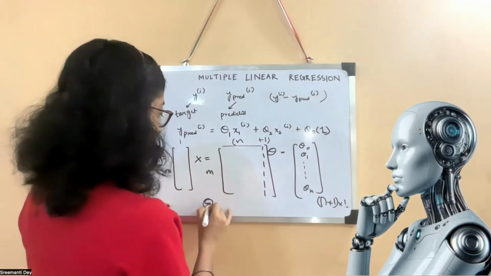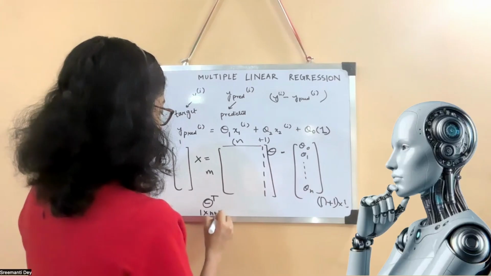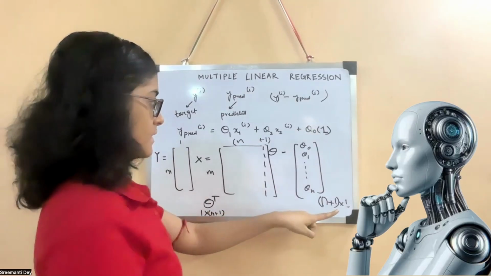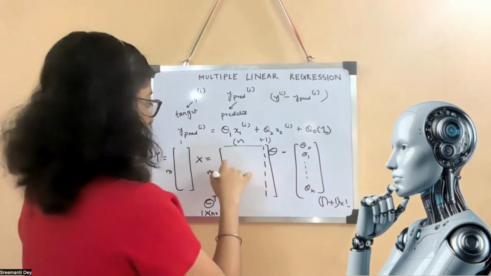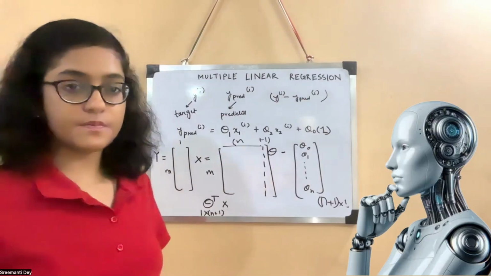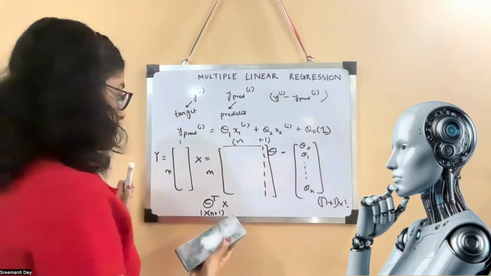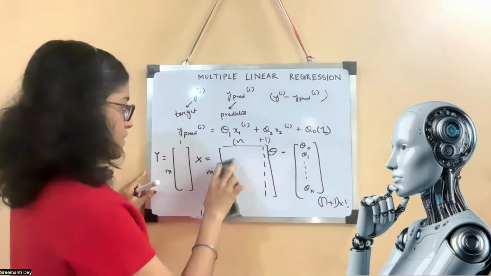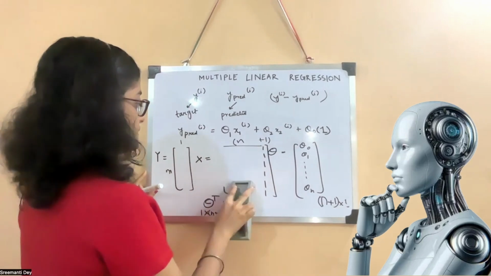If we have theta transpose, what would theta transpose be like? 1 cross n plus 1. And then we'll have x. We can write x in the form of n plus 1 cross m as well. That just depends on how you express x. Let's do that. Suppose we want to write x in the form of n plus 1 cross m.